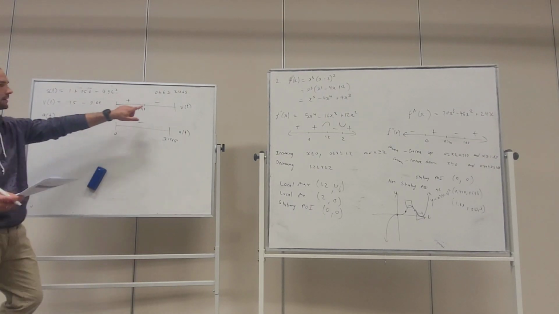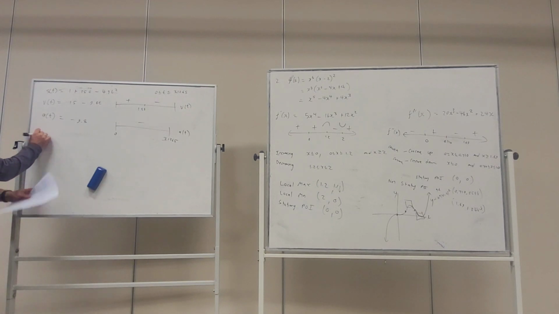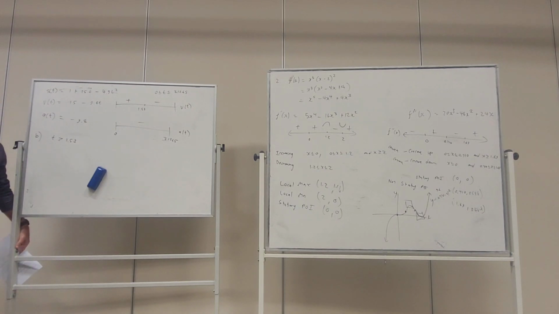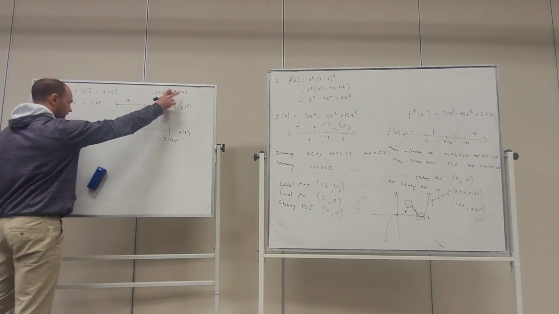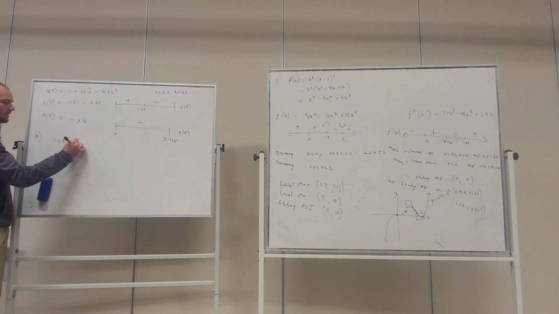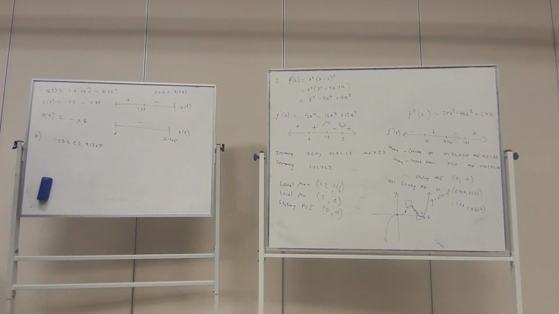Now these two sign diagrams have the same sign between, so to answer part B, we're not going to say for values of t larger than 1.53. Why? Because the model is restricted over this constraint. So we're going to have between 1.53 and 3.1265.